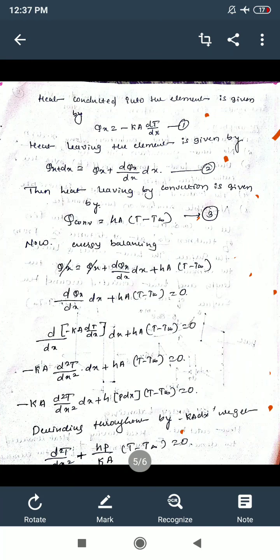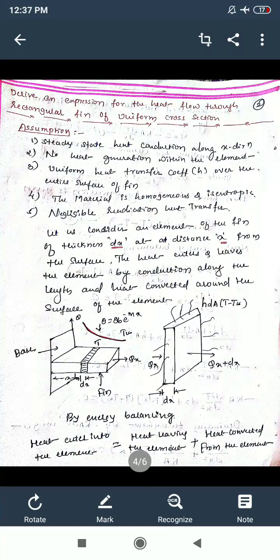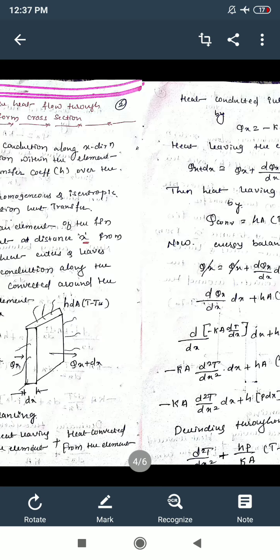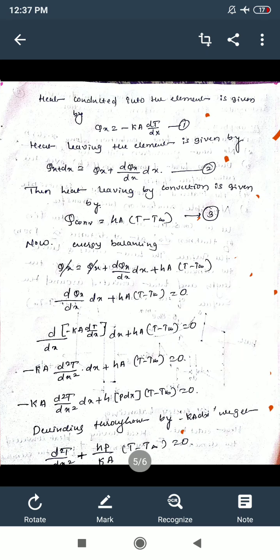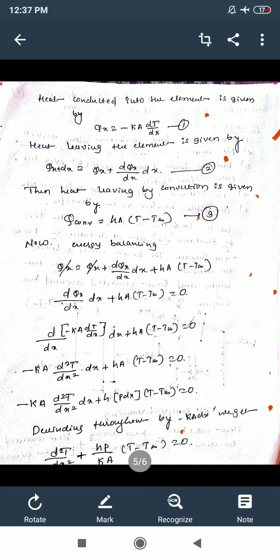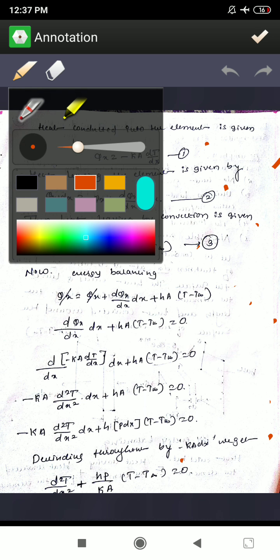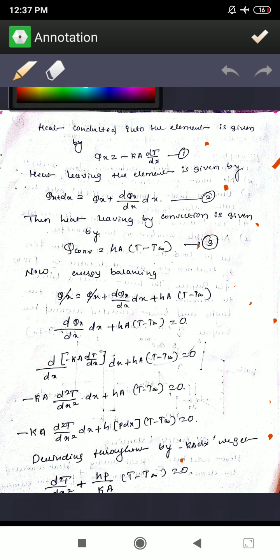Now we will continue with that derivation. So here, heat entering the element is equal to heat leaving the element plus heat convected from the element. So first we have to find out the heat entering the element. Here, heat conducted into the element is given by the conduction equation formula, qx is equal to minus k dt by dx.